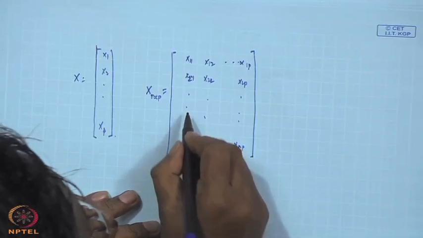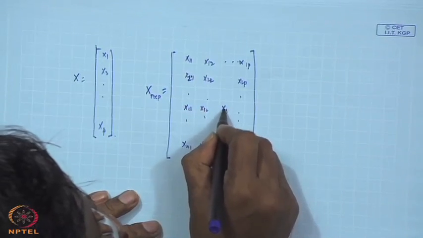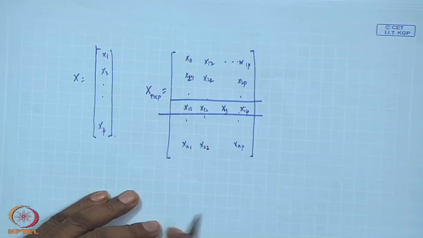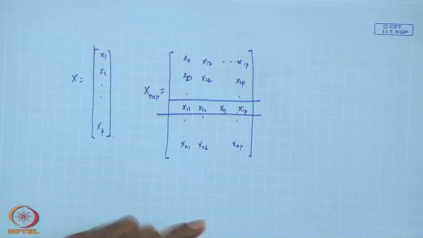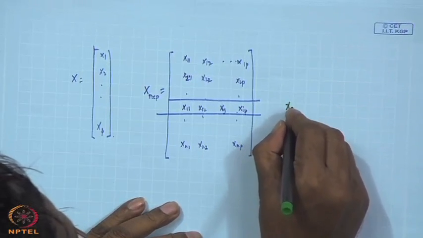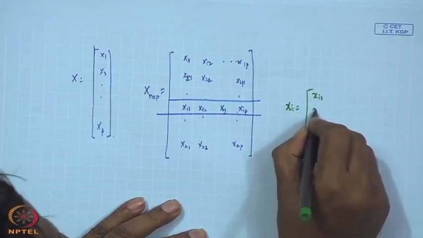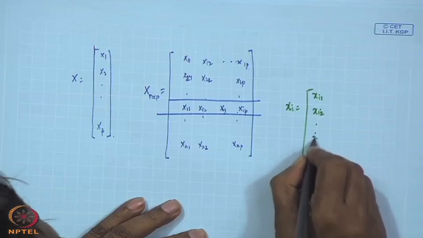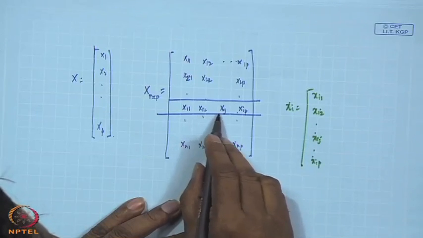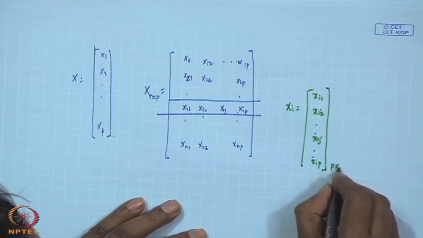Here also your xi1, then xi2, somewhere xij, then xip, that general observation will be there, which we can write like this: xi, which is xi1, xi2, xij, then xip, that is p cross 1.